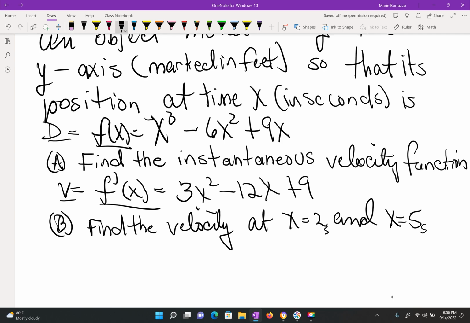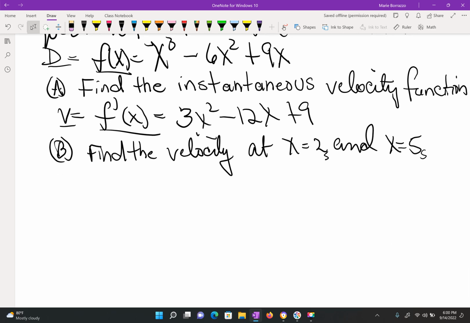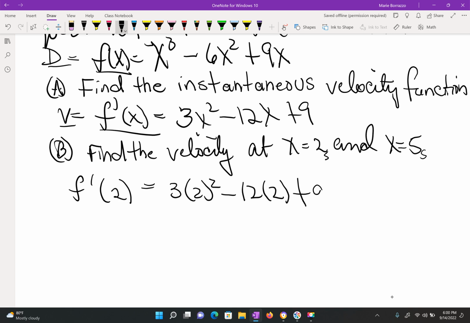So that's where this part A comes in, because we're going to say basically the first derivative at 2, where x is 2, is equal to 3 times 2 squared minus 12 times 2 plus 9. And I believe that means that we're going to drop 3 feet per second at this point.